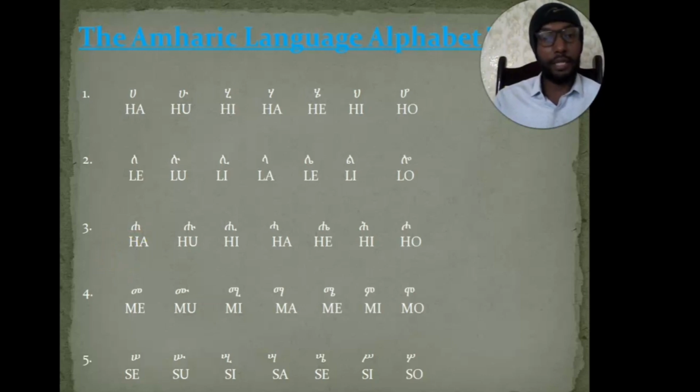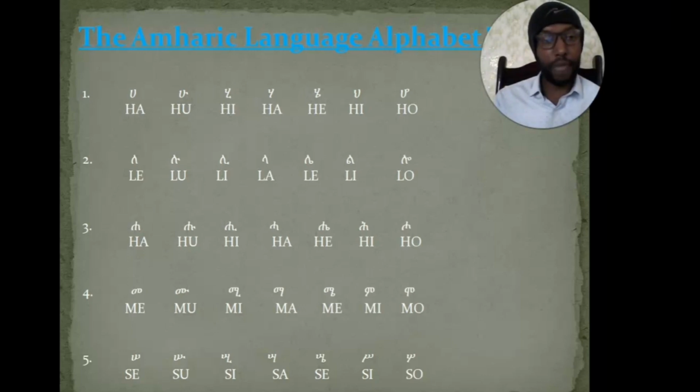The only thing is that in order to differentiate their names, the first one is called Haletau Ha, whereas the third one is called Hamaru Ha. But both of them are similar. The first one is also Ha, the third one is also Ha, and they can be used interchangeably in Amharic when you write a sentence or anything.